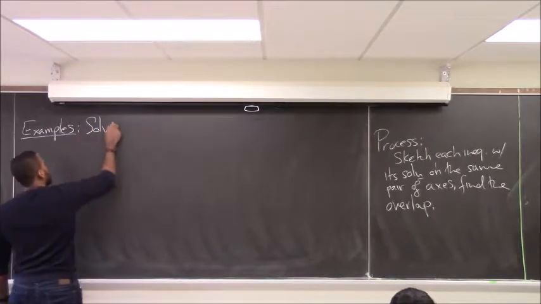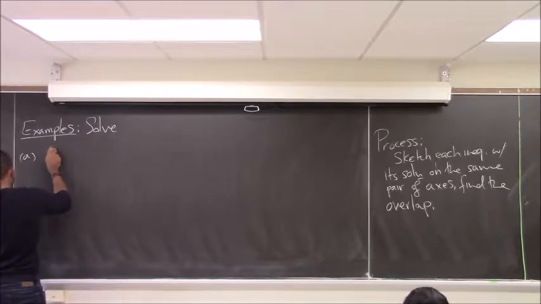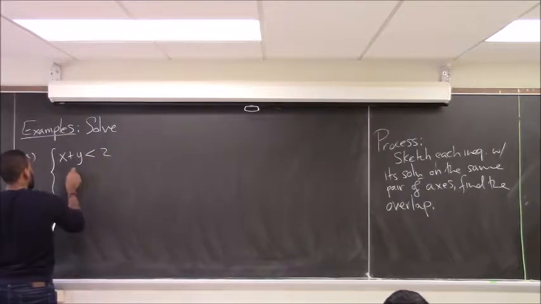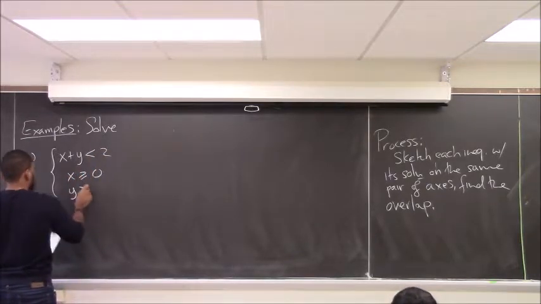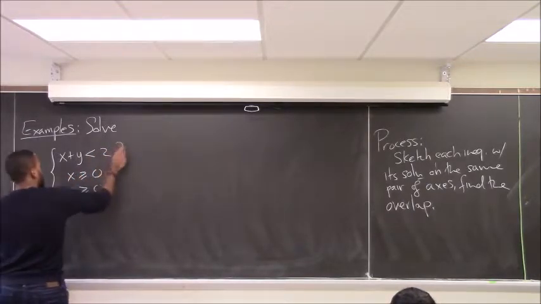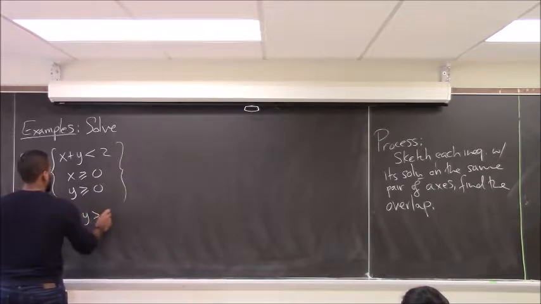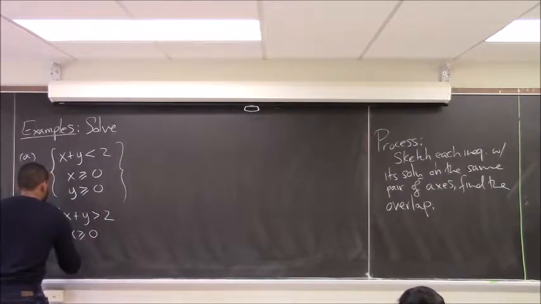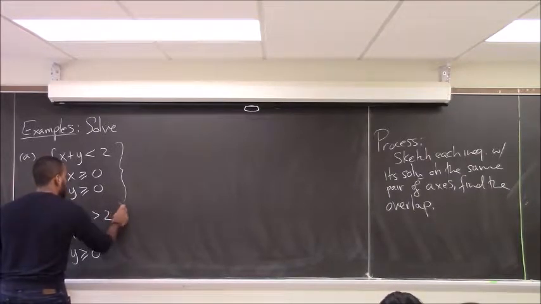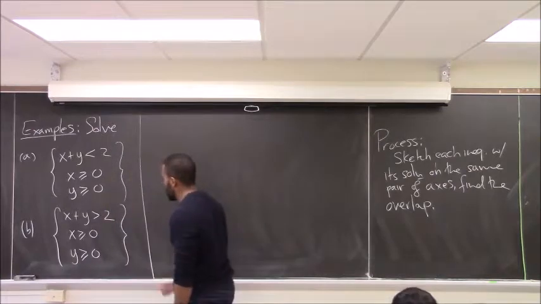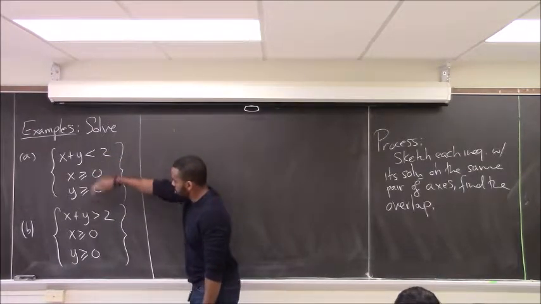Solve the following systems. x plus y less than 2, x greater than or equal to 0, y greater than or equal to 0. Keep things very similar here, but there's something I also want to introduce to you that will be made evident by these examples. So very similar, I just changed the inequality sign from one to the other.